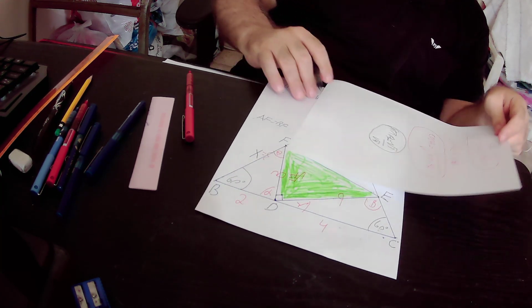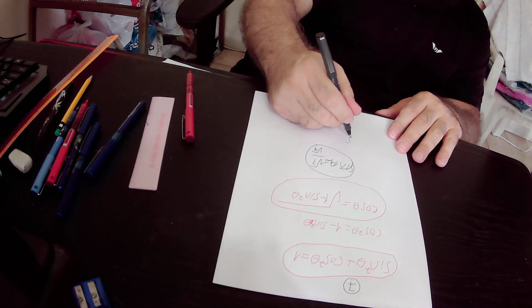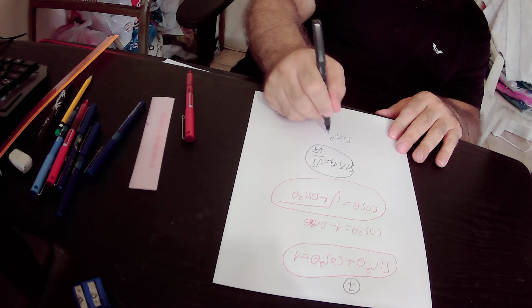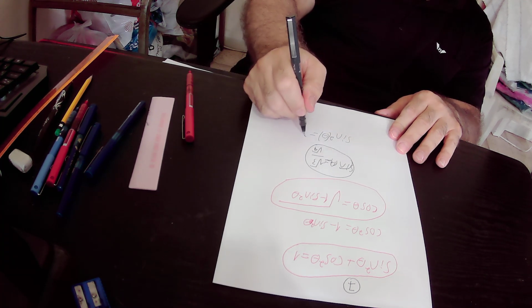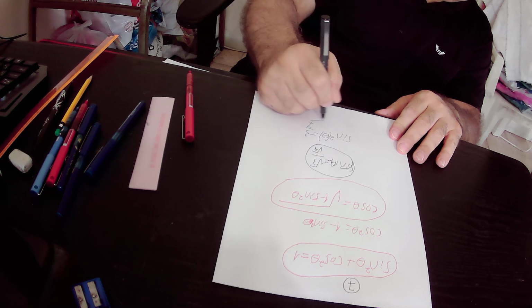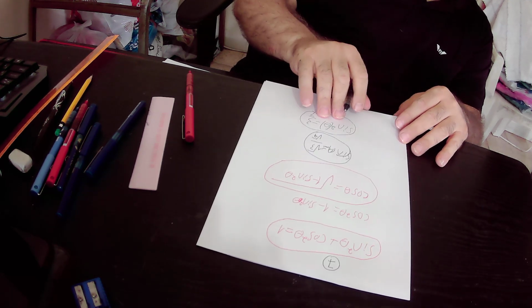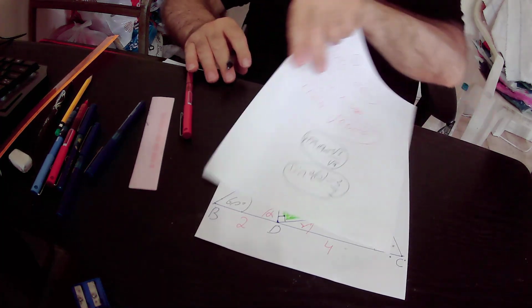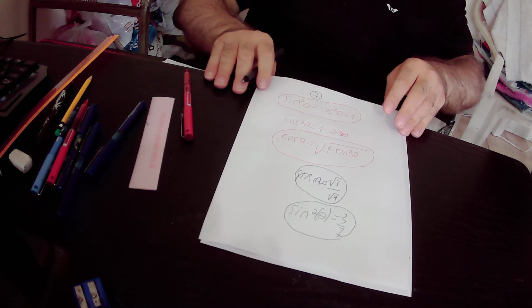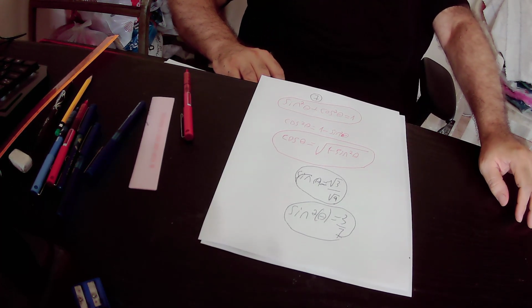So the value of sinus theta squared will be 3 over 7. So we found out that the value of sinus theta squared equals 3 over 7.